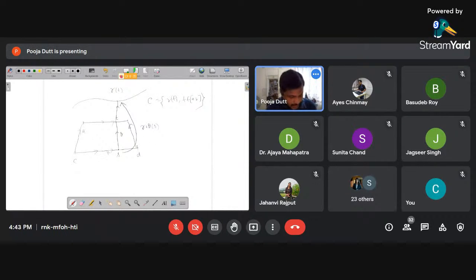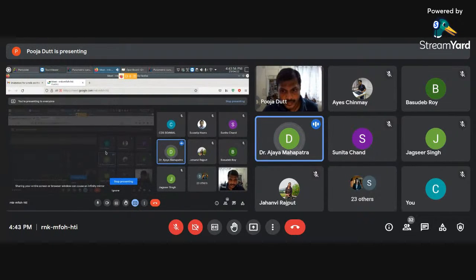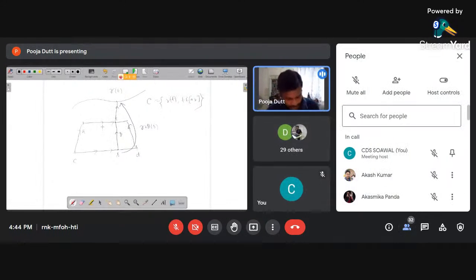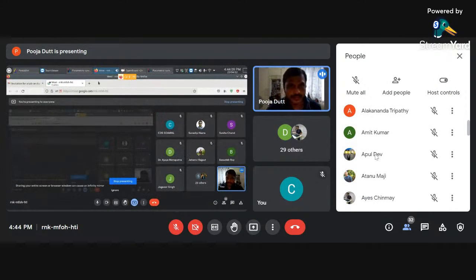Excuse me, professor, what about the orientation? Will it change or not? It will be the same because C is going to A, D is going to B, and accordingly all other points. I'll come to that.